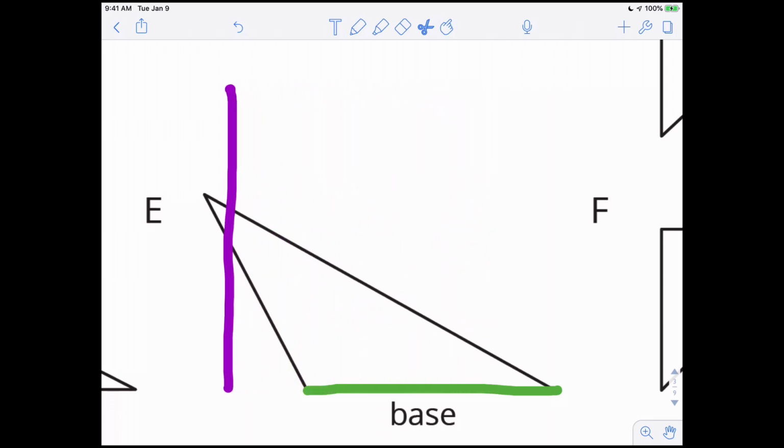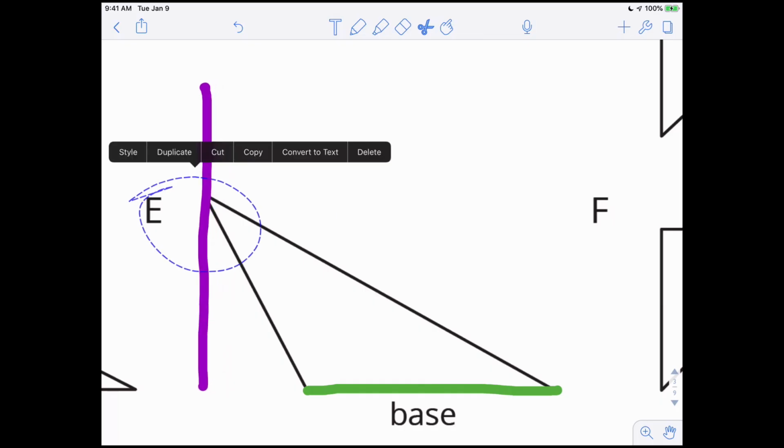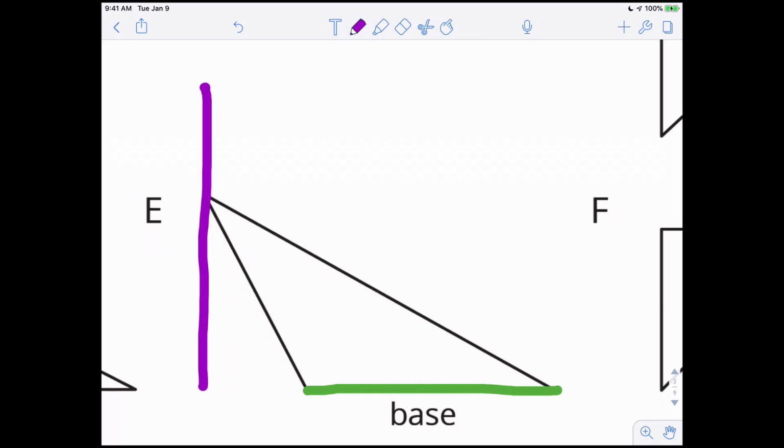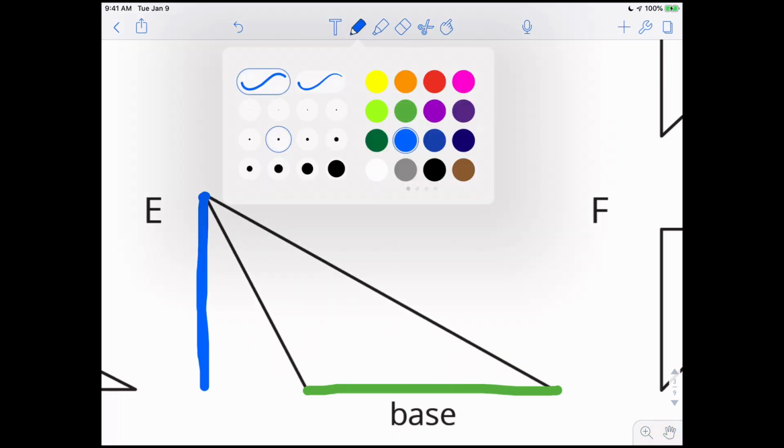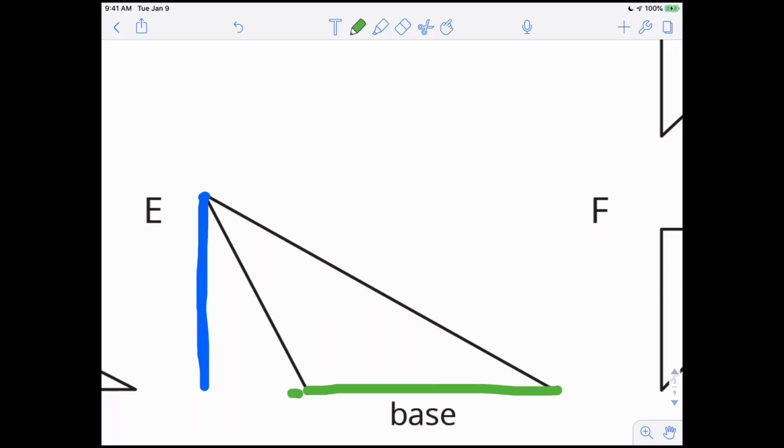I've actually exited the triangle. There is my height, right there. This piece right here is the height. I can move that height finder out of the way. Technically, we need to extend the base so that we can see what the height is. The height is right here. Boom. Right there is the height.